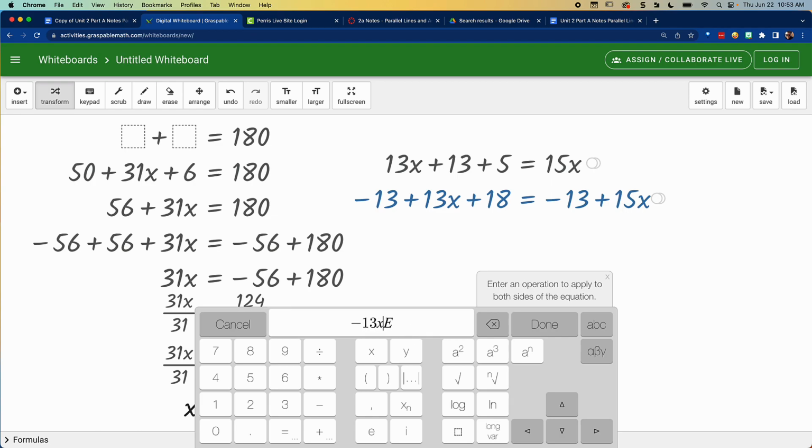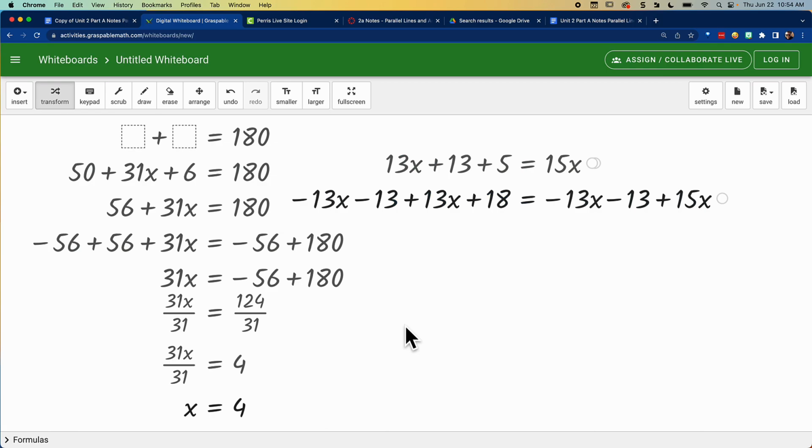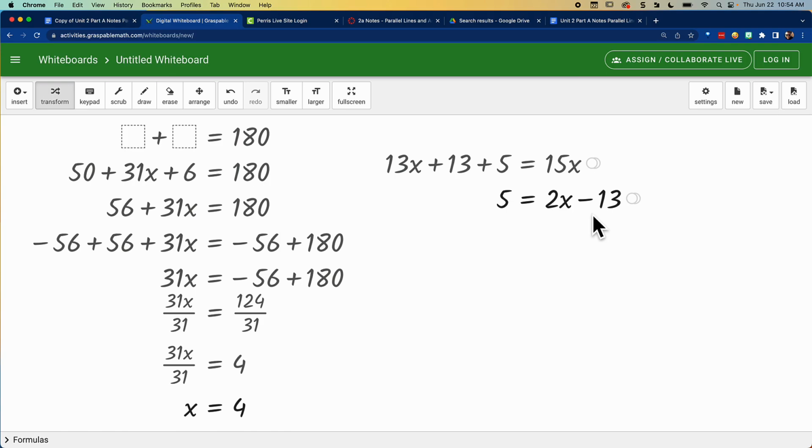So negative 13x to both sides, and that's going to combine here. Got to grab the minus sign to put those together. Cool. And then put the 15x and the minus 13x together. In the end, now I have 2x minus 13. Oh, something's wrong. Mr. Butler's doing a few wrong things here.